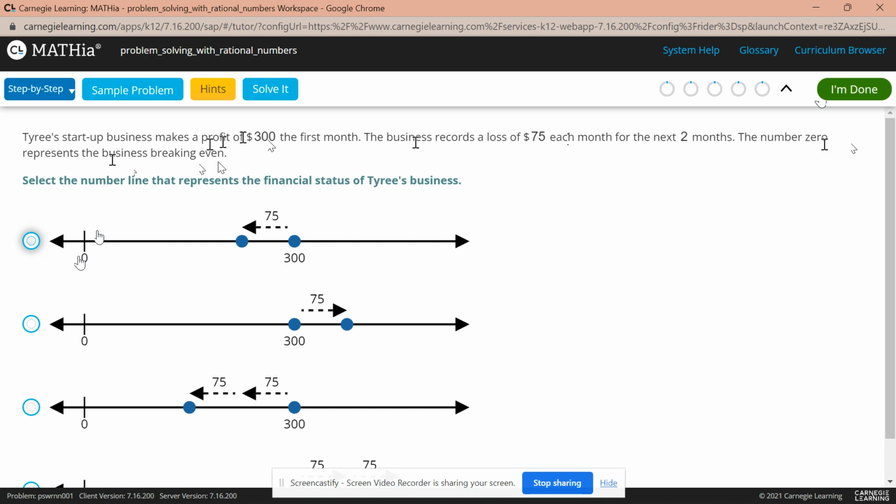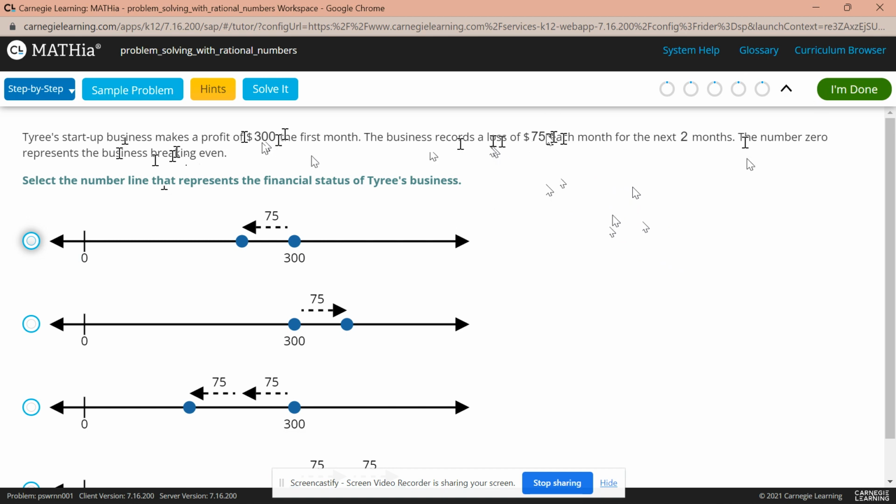But in this case, for the first month, he actually had $300 extra. So if I was writing this down in a notebook, I would write plus 300. And then the business records a loss of $75 each month for the next 2 months. If I was writing this down, I would have minus 75, minus 75. So I would have plus 300, minus 75, minus 75.